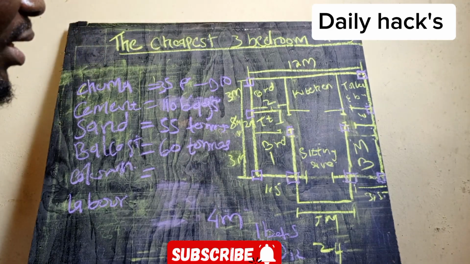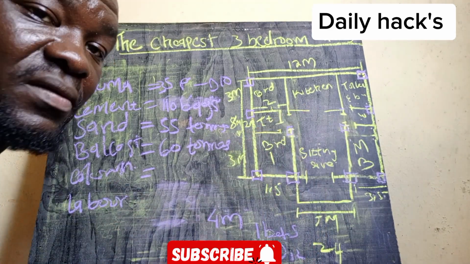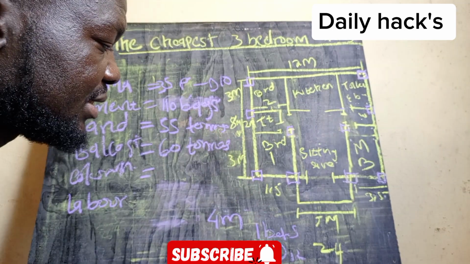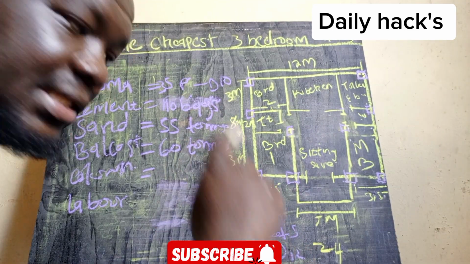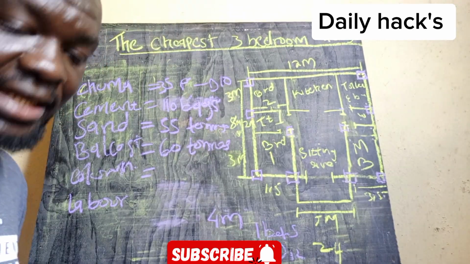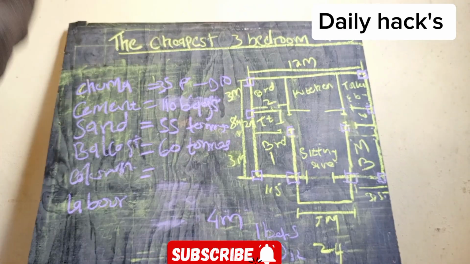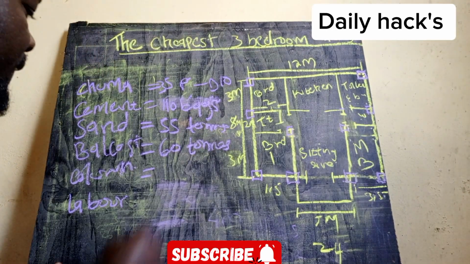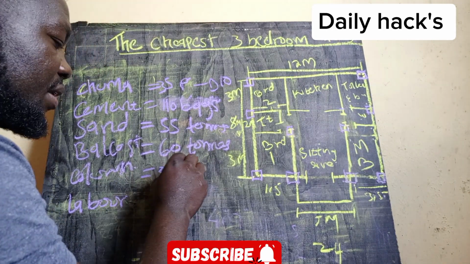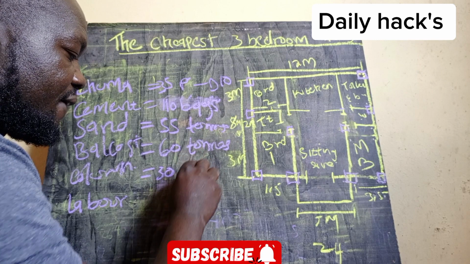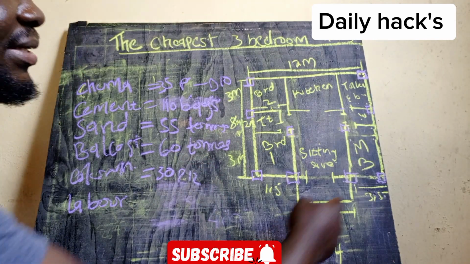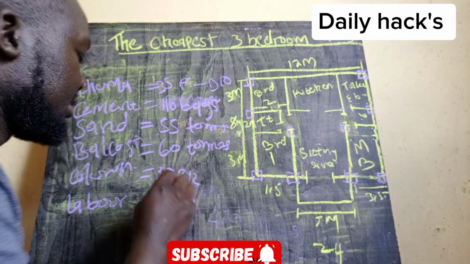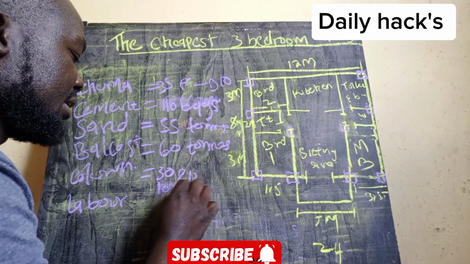So those are 20 chumas of D12, and each base will take 1 chuma. So that is 30 D12s. That is the columns and the bases. And the rings will be 10 rings. 10 D8.